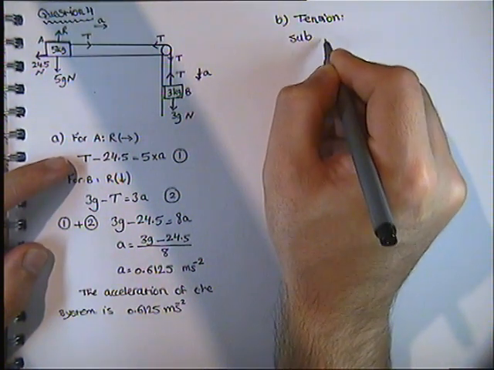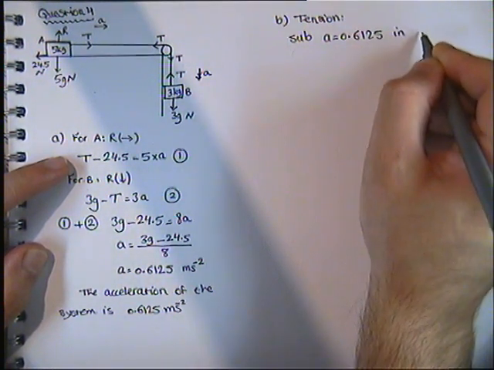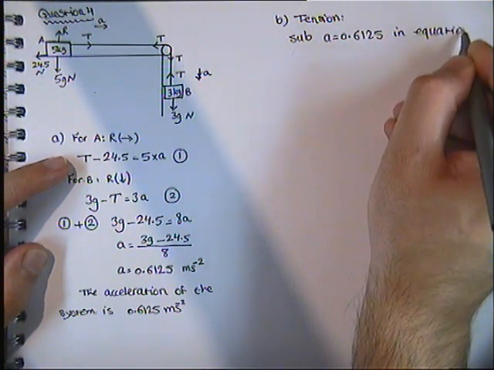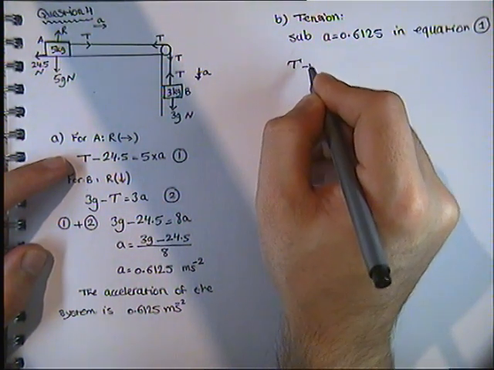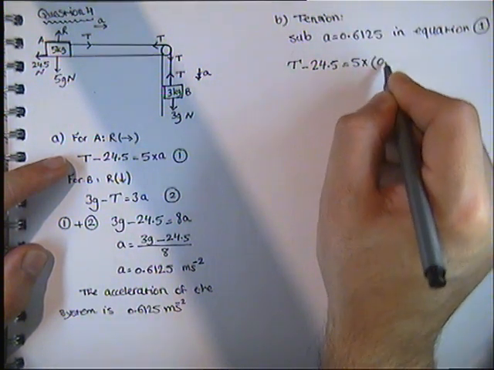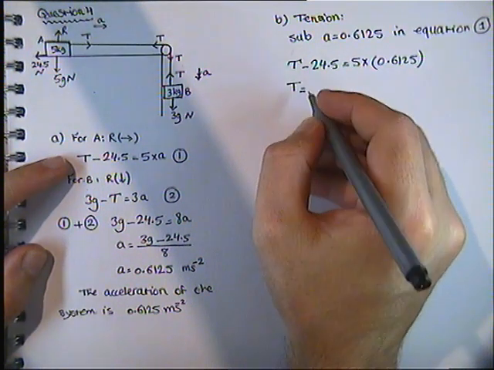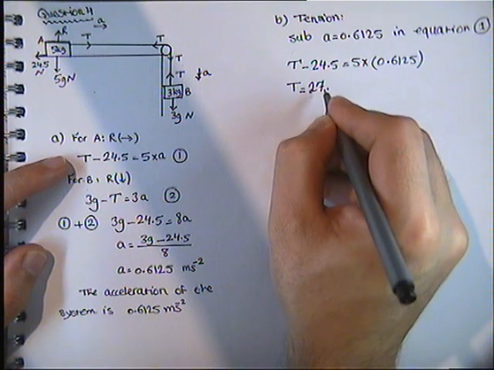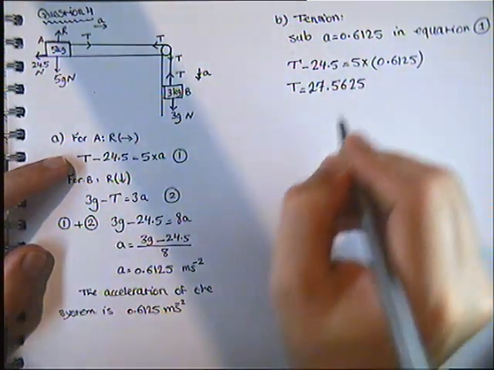So substituting a equals 0.6125 in equation 1, we should be able to get T minus 24.5 is equal to 5 times 0.6125. T is equal to 27.5625.